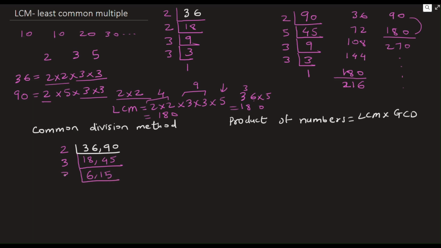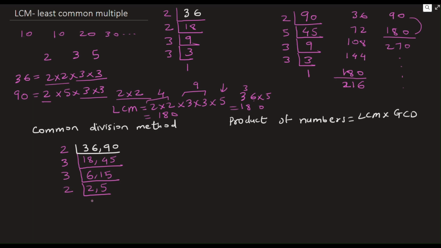Then I have again 3. 3 times 2 and 3 times 5. Then there is no prime number beyond this that divides both; these two themselves are prime numbers. In the HCF, we used to stop at this step, and the product of the three numbers on the left was the HCF. But for LCM, we go beyond this step.